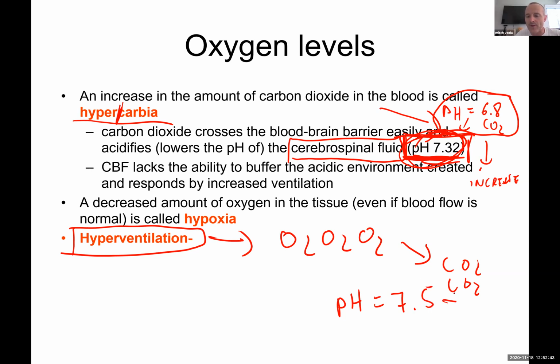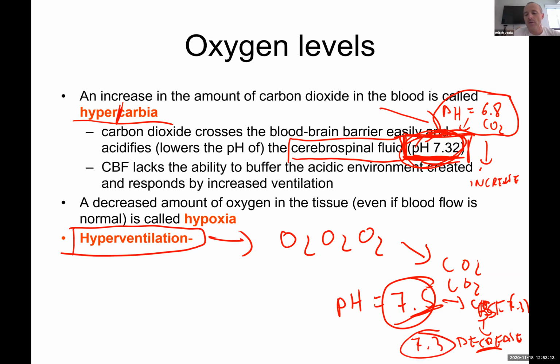Once it passes by the cerebrospinal fluid, which is a 7.3, it detects that the blood is basic. So now it tells the lungs to decrease the breathing rate. By decreasing the breathing rate, we bring it back to equilibrium, or homeostasis.